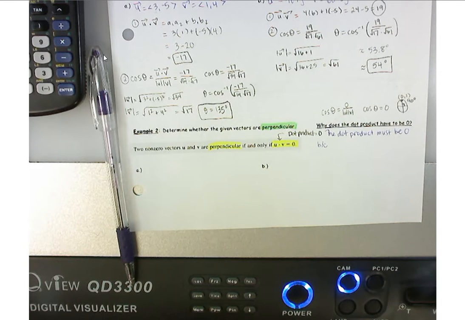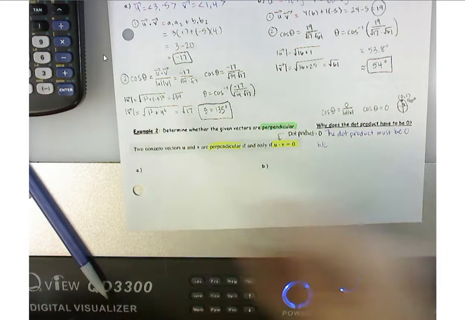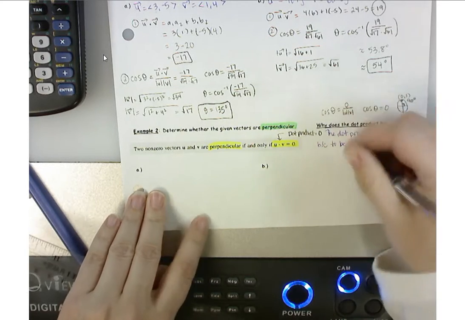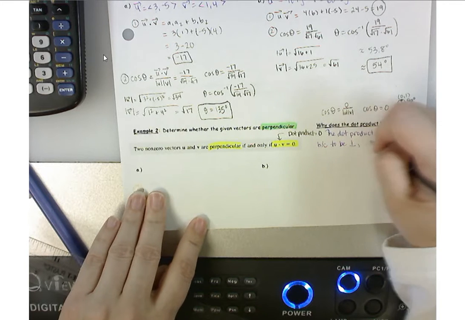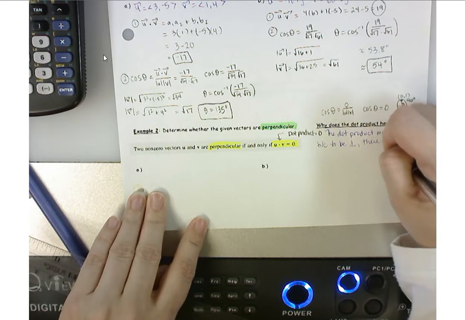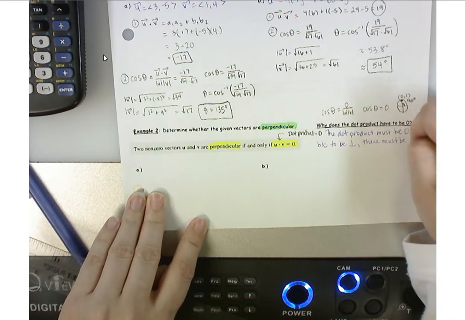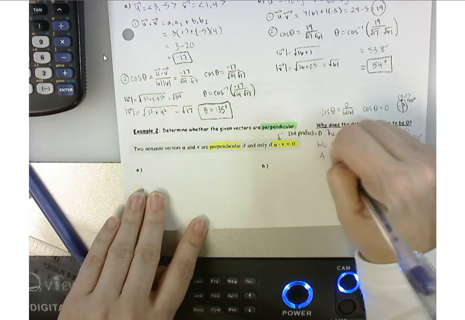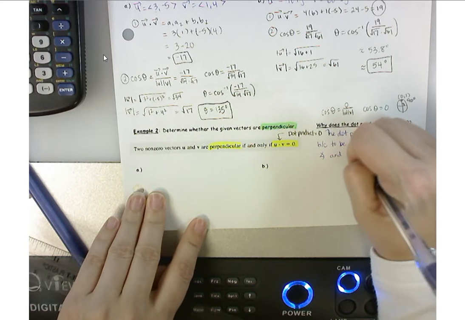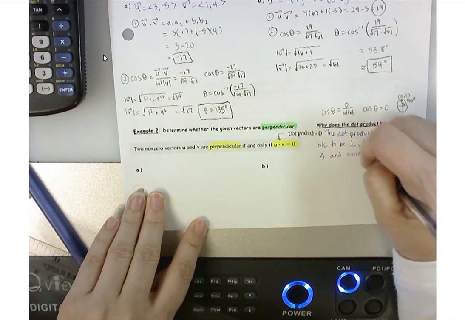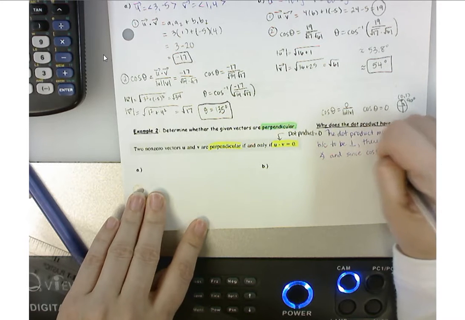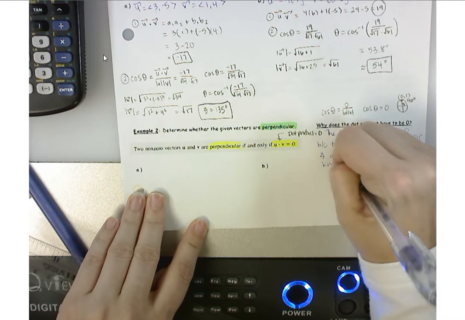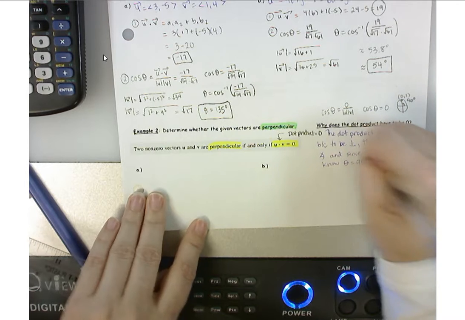So the dot product must be 0 because to be perpendicular, there must be a 90-degree angle, and since the cosine of theta would equal 0, theta would equal 90 degrees.